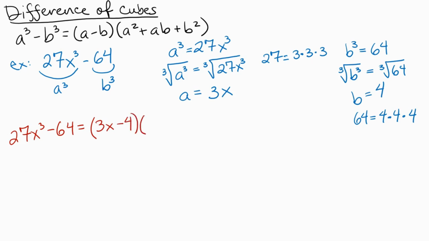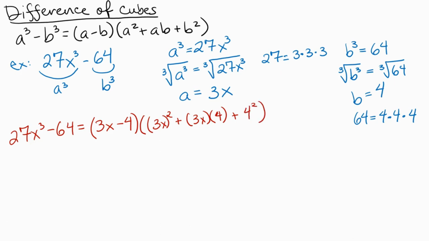Open the next parentheses. It says we have a squared, so I'm going to write it out in steps. a is 3x squared, plus a times b, which is 3x times 4, plus b squared, so it's going to be 4 squared.